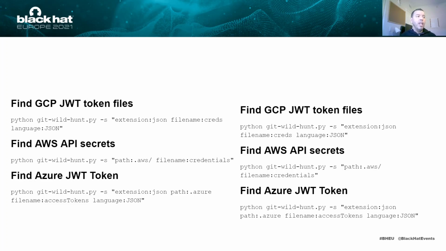But in this case, let's look at some basic examples. GCP tokens, for example, API secrets, Azure, JWT tokens. You can also find AWS API secrets or Azure tokens or GCP token files as well.